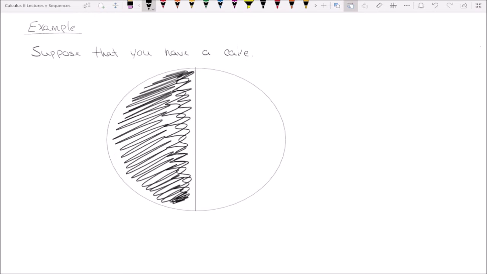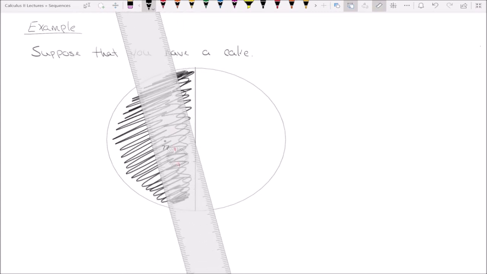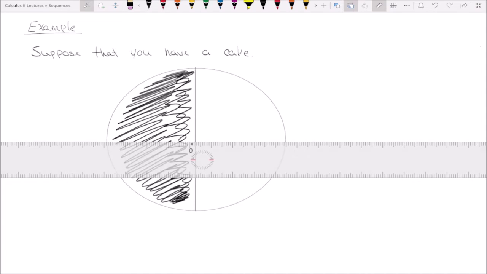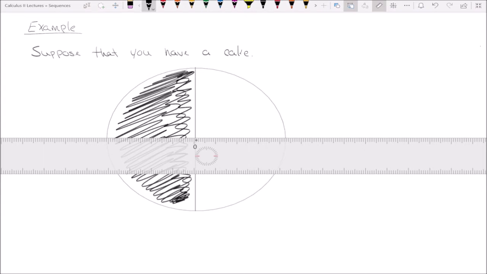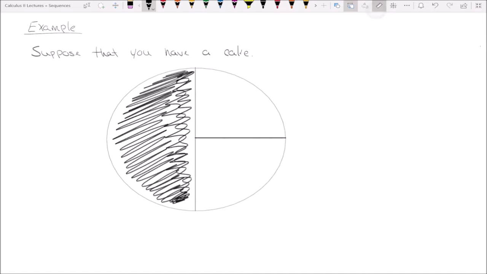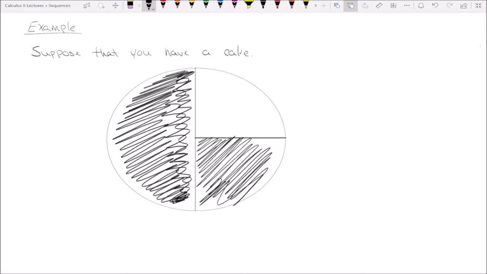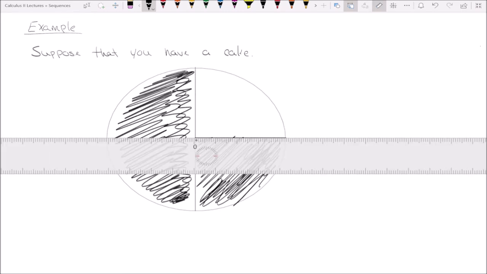Now, on the second day, we eat half of what remains. So let's say we do this. All right, so again, shade in what we ate. Third day, we eat half of what remains.